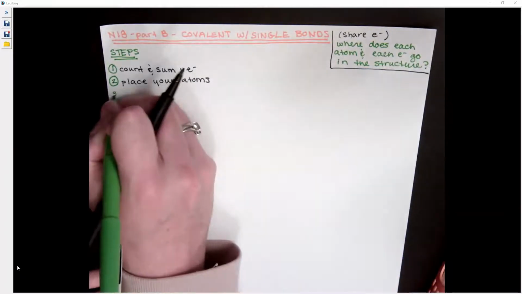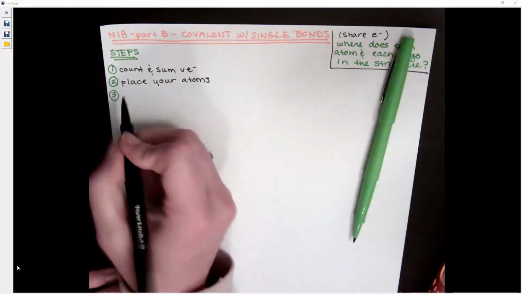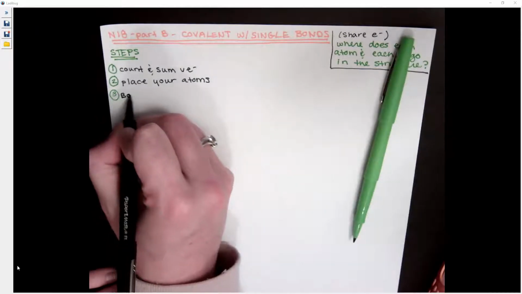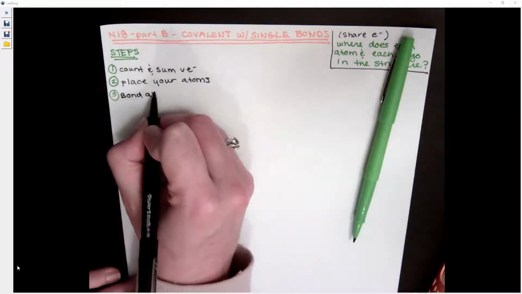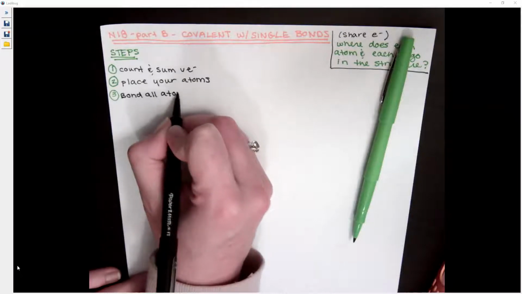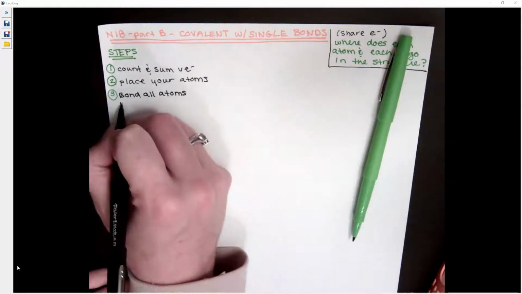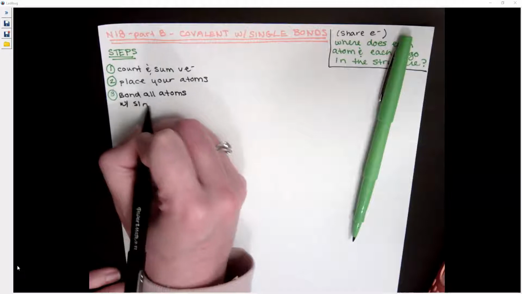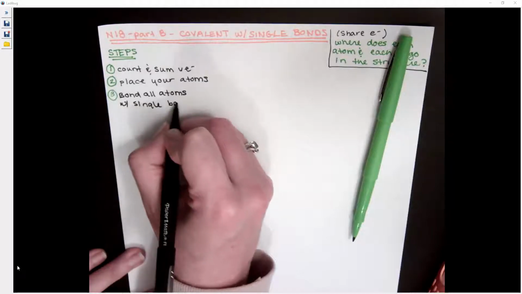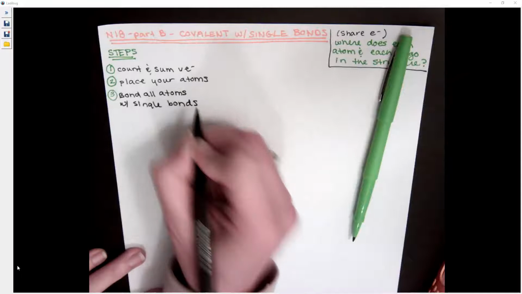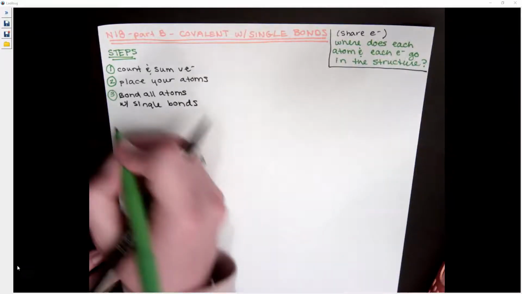Number 3, bond all atoms with single bonds. Remember, we want to assume things are simple unless we learn otherwise.